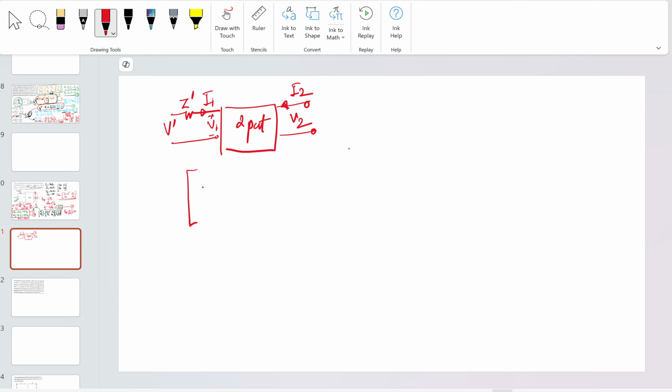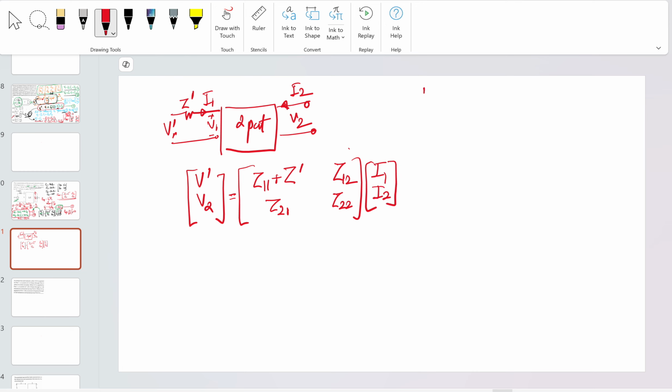So now the equation will be like this: V1 dash, V2 will be equal to the matrix Z11 plus Z dash, Z12, Z21, Z22, multiplied by I1, I2. This is the first thing.